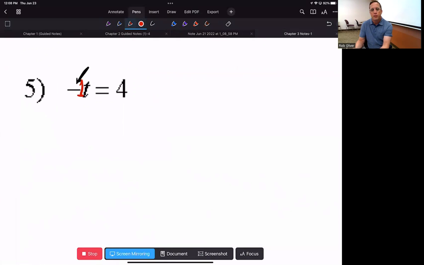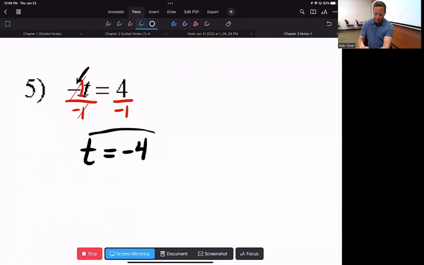So that truly isn't by itself yet until it's just t and it's positive. So how we want to handle that is by dividing both sides by -1. So those cancel off right there. And then you're left with t equals -4.